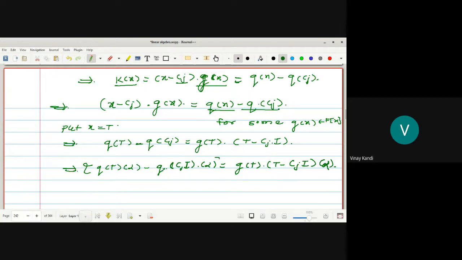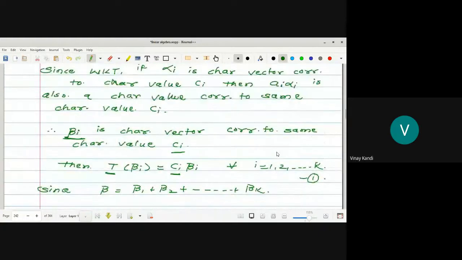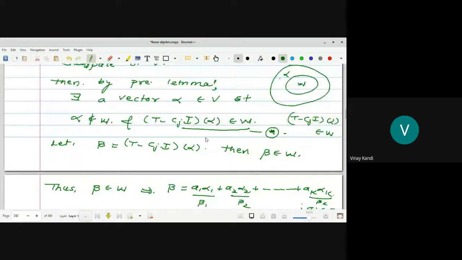So this implies, what is the value of this one? From star, t minus cj of I into alpha is beta.